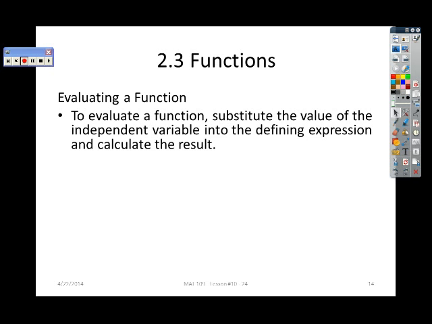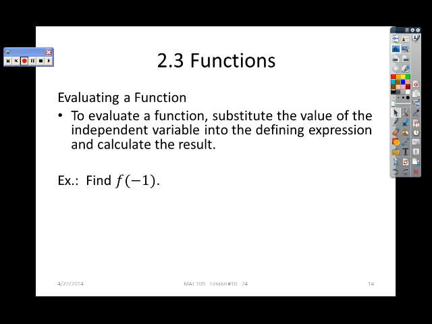One of the things you need to be able to do is to evaluate a function. Evaluating a function is just like evaluating an expression. You plug the numbers in. When you're evaluating a function, you're going to be given a value for x, and you need to calculate what the value for f is, which means you plug the value for x into the right-hand side and do the calculations.